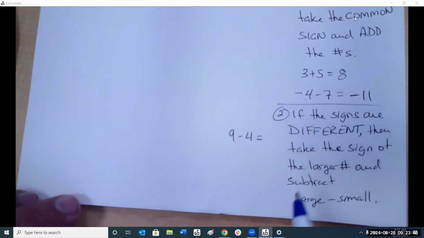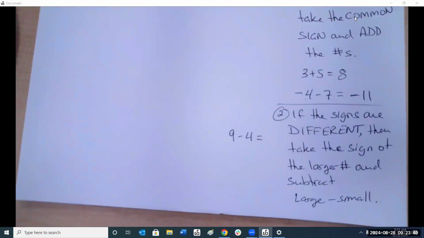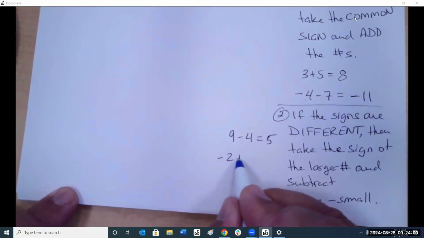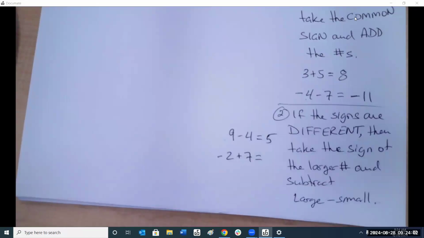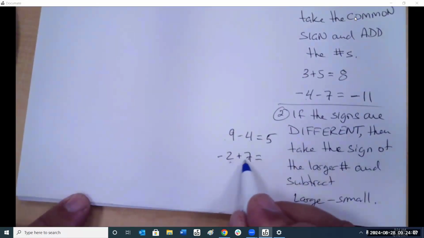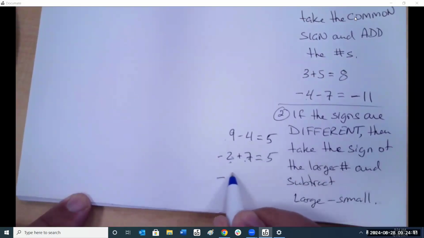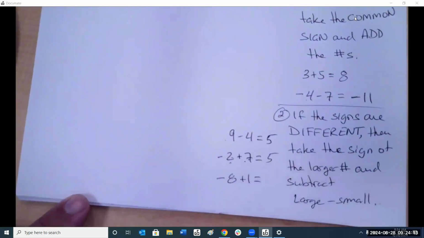9 minus 4. Is the answer going to be positive or negative? Positive. Why positive? 9's bigger than 4. It's positive, so the answer is positive. So 9 minus 4 is 5. -2 plus 7. 7 is bigger than 2. It's positive, so the answer is positive. So 7 minus 2 is 5. 8 is bigger than 1.